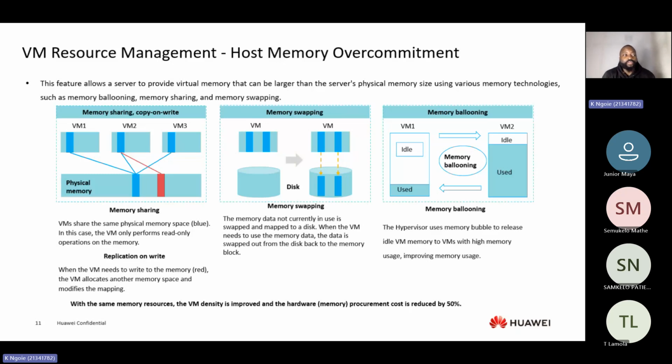So with virtual machines, we can have external storage such as the disk, and we use it as extended memory. With memory swapping, the memory data not currently in use is swapped and mapped to the disk. What does it mean?